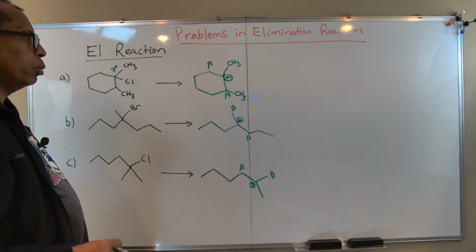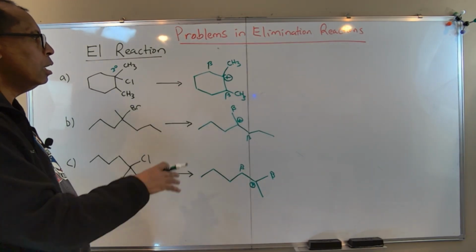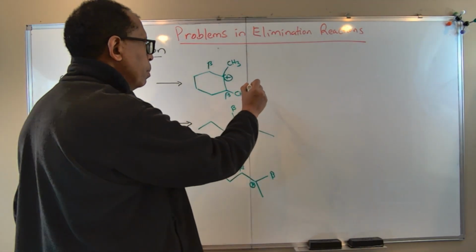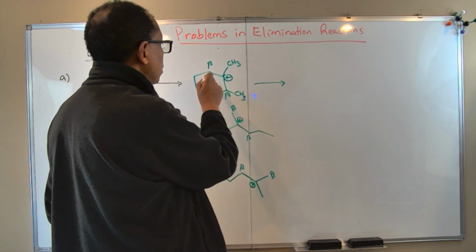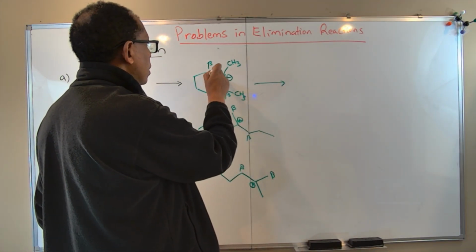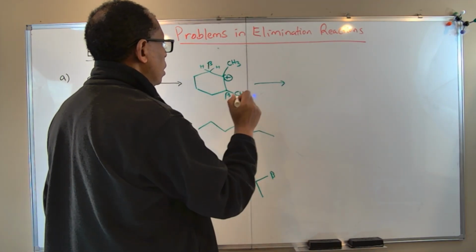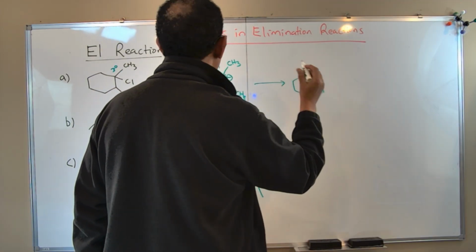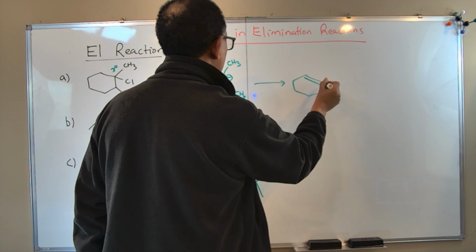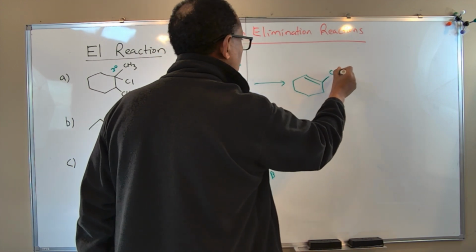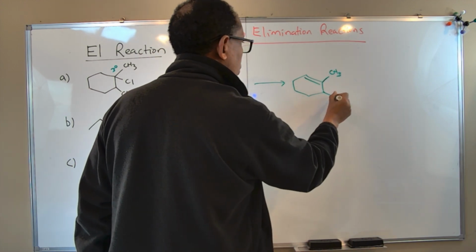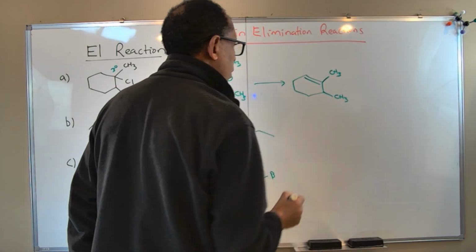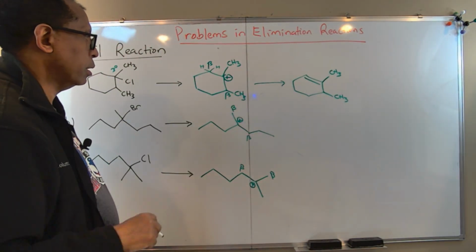So this is what the elimination should give us. This should give us two of them. If I use these hydrogens right here, the elimination product should look like a double bond right there, CH3, CH3 right there. One of the products would be like that.